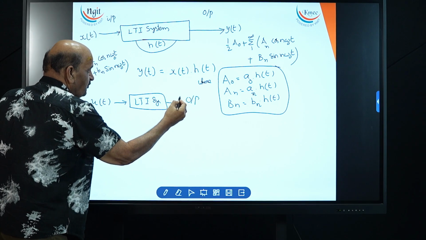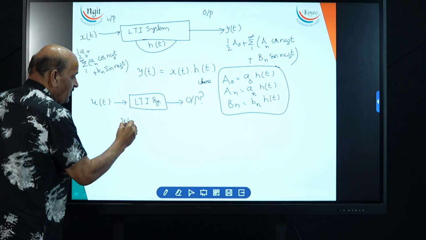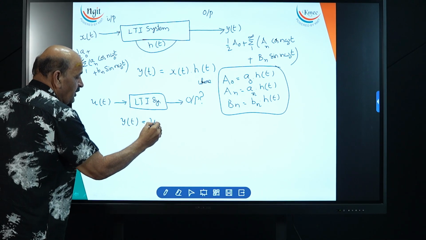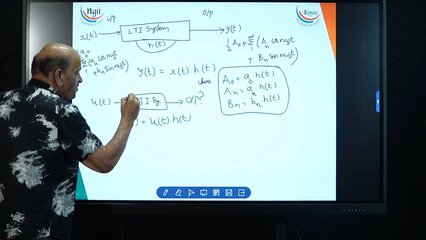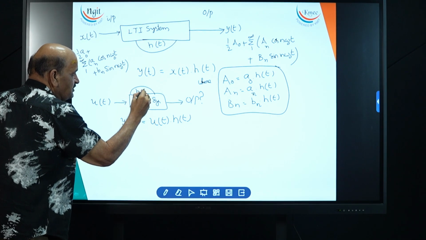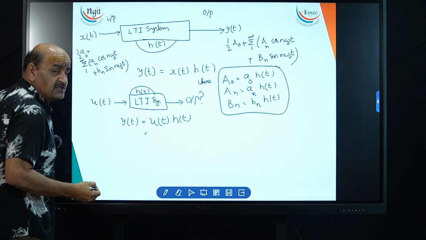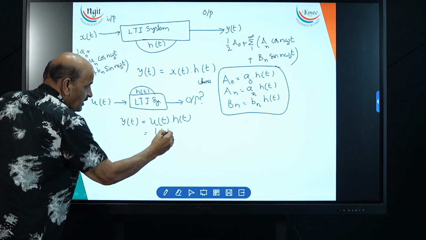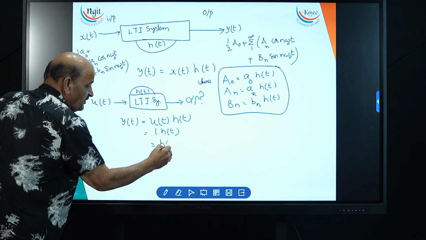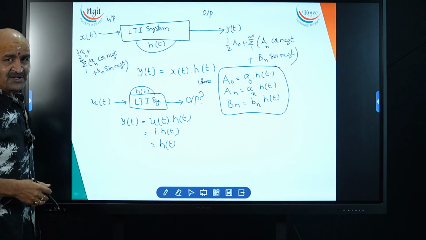The output y of t is equal to the unit response into h of t, where the system response is h of t. But what is the maximum value of the unit step function? 1. So 1 into h of t, and you get the same system's frequency wave.